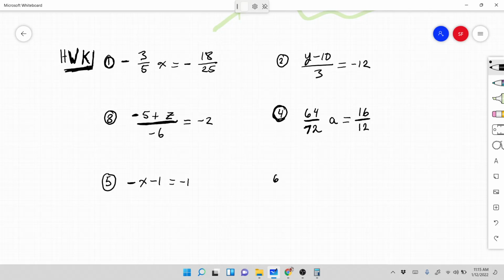And finally, number 6 is going to be negative 1024 over 25 y equals, did we do, yeah, we already did, so let's do this as a positive 512 over 75.